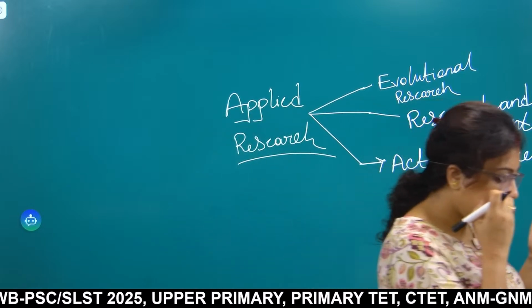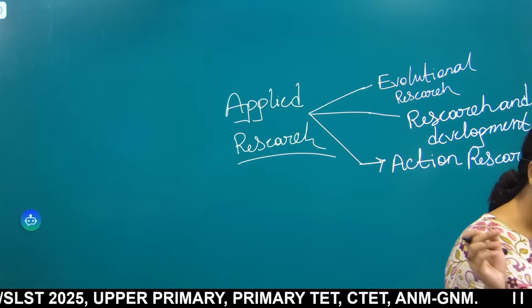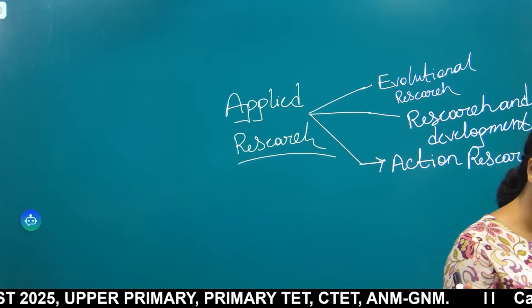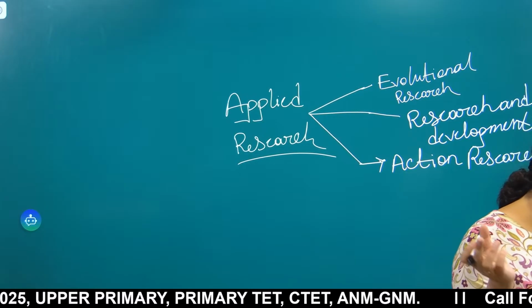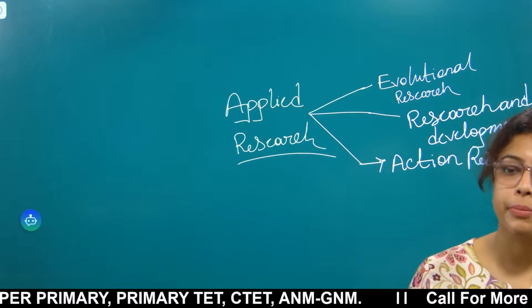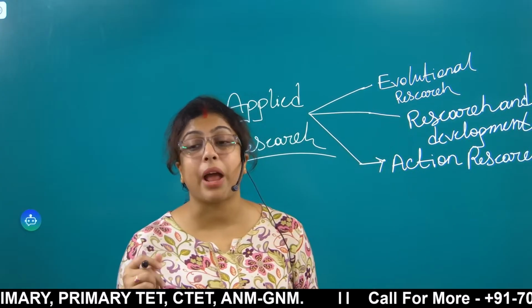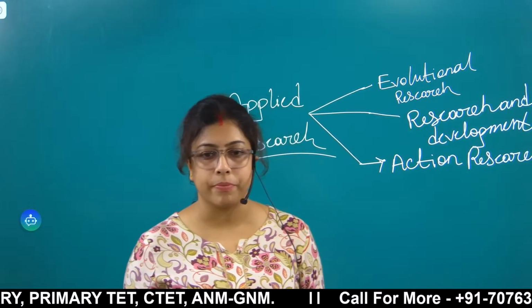So just reading out the definition, it is a type of applied research. This is also applied research that is set on providing a practical solution to a specific problem, right?